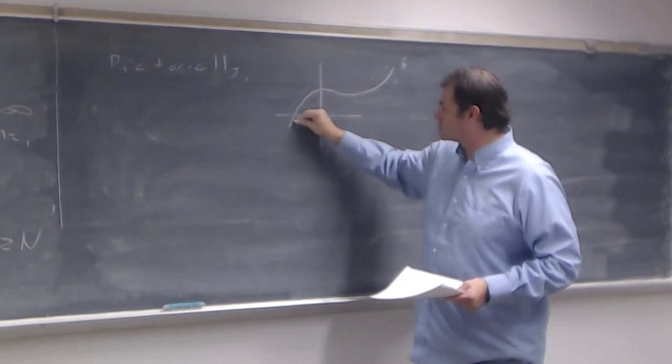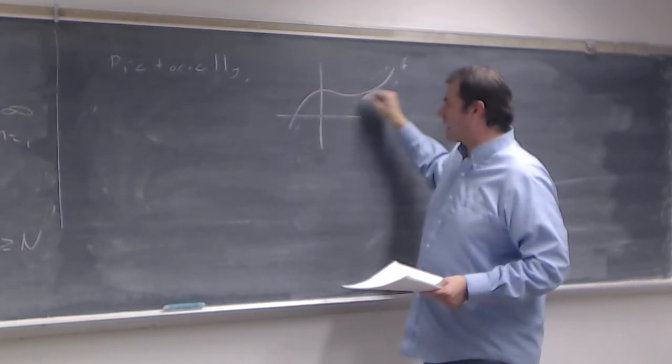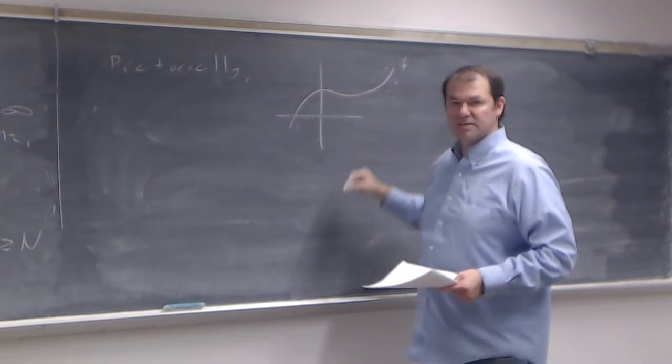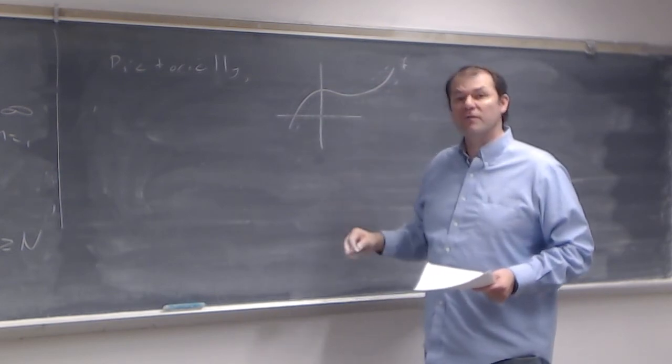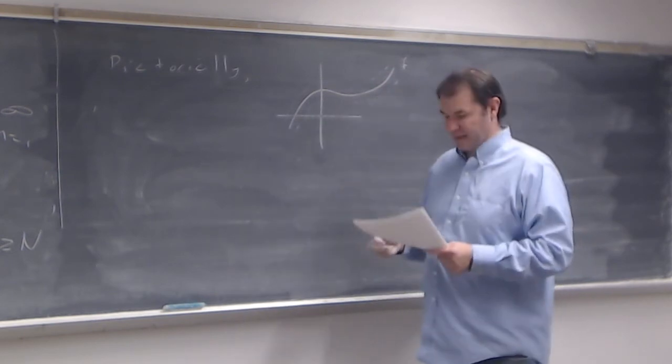So f sub N plus 1 might curve around, but it's in this band. f sub N plus 2 is in this band as well. All of them. And for every x, it'll be in this band.